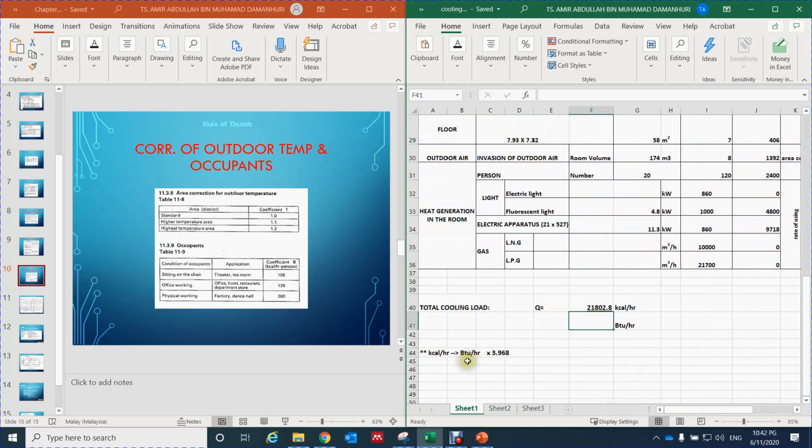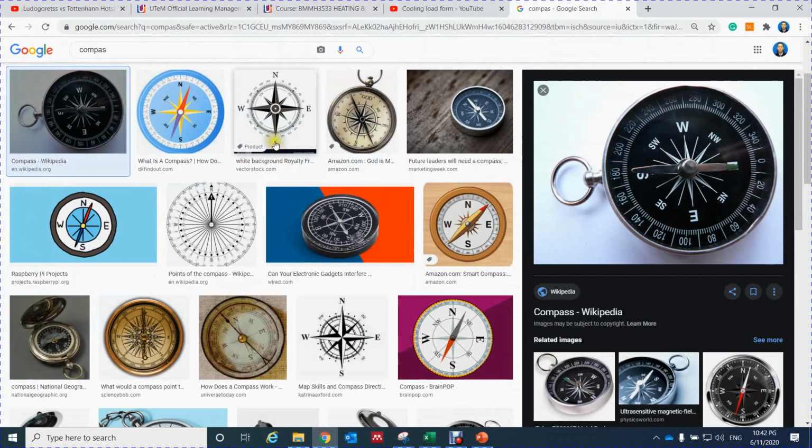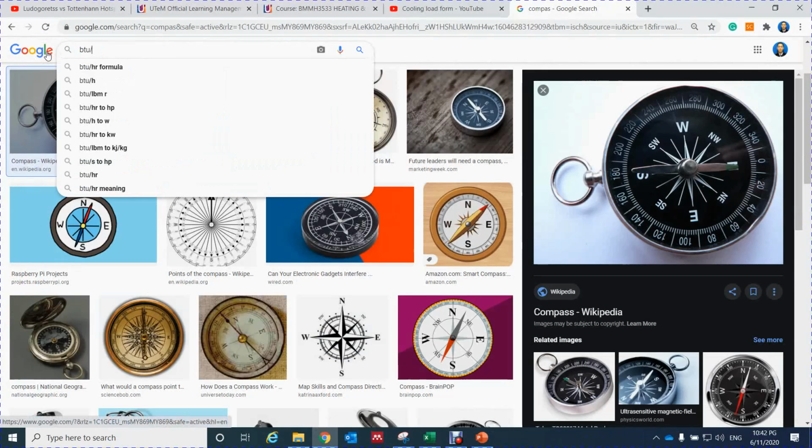And then to convert kilocalorie to BTU per hour, it is this value multiplied with 3.968, and then we got the answer, 86,503. Then we can convert BTU per hour to horsepower.